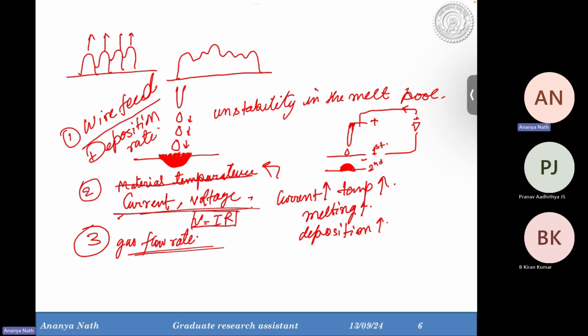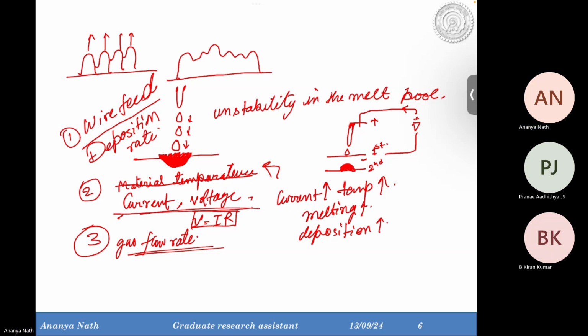What is the utility of gas? After that comes gas flow rate as a process parameter. Ma'am, no idea, ma'am. Okay.